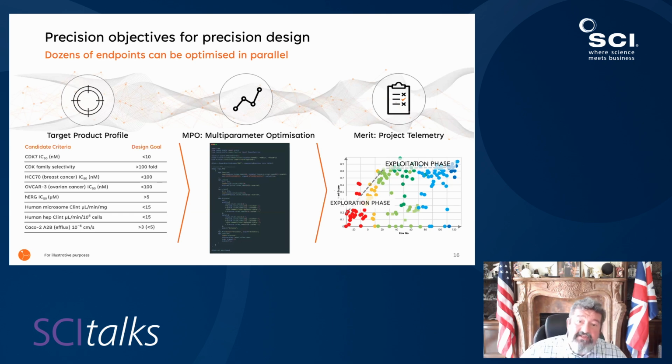So we bring all of these together into a multi-parameter optimization framework. This MPO acronym is very widely used in the space. And then we use these merit plots to track and feed back on the telemetry, the progress of every project.